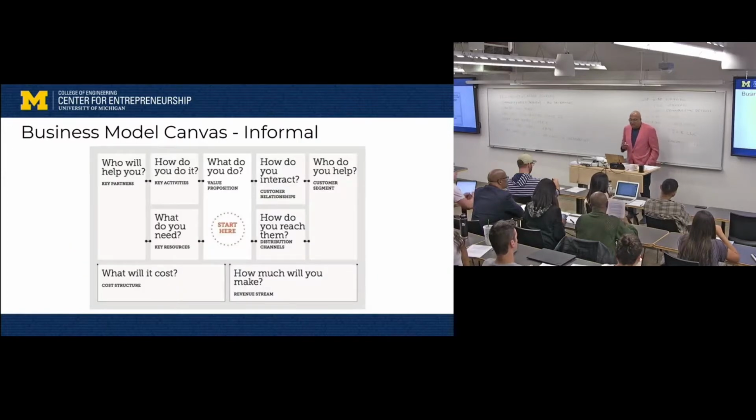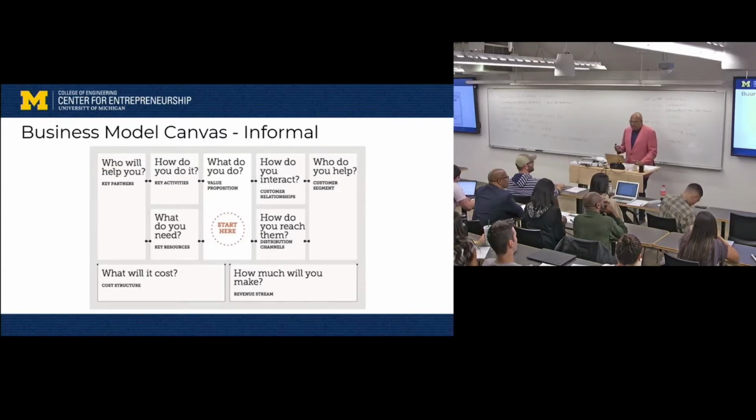So what we refer to as a business model is captured in something we call the business model canvas, and it has 9 elements. And the first thing is the value proposition: what do you do? What does this business do? And if you go all the way over to the right, who do you help or who do you serve with this business? Who are the customers, in other words?